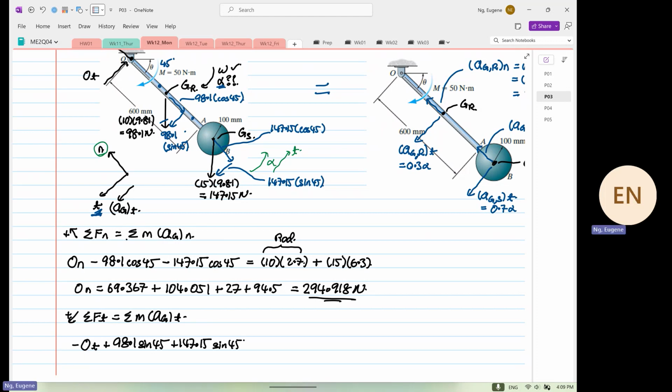Any more forces we have to deal with? The answer is no. And then the next one is 10 multiplied by 0.3 alpha plus 15 multiplied by 0.7 alpha, for the sphere and rod.